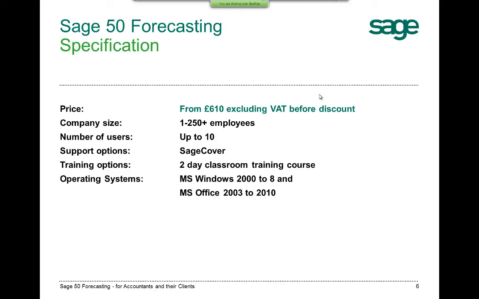So there is a complete package of support services designed to ensure that you have the help and advice that you need when you need it, from the initial setup to the analysis of the forecasts. It is all telephone support, but we also have email support and the Ask Sage articles, as I mentioned before.